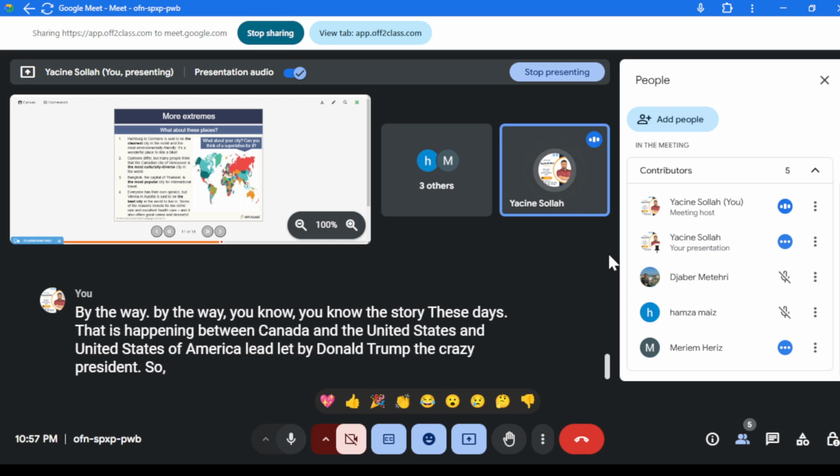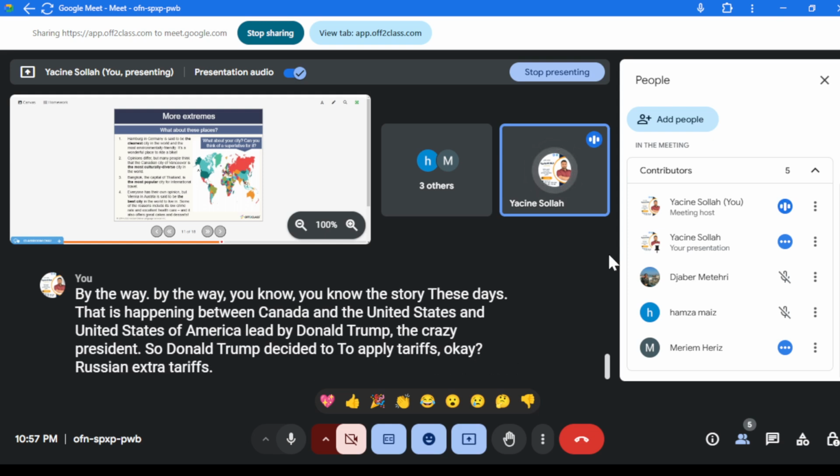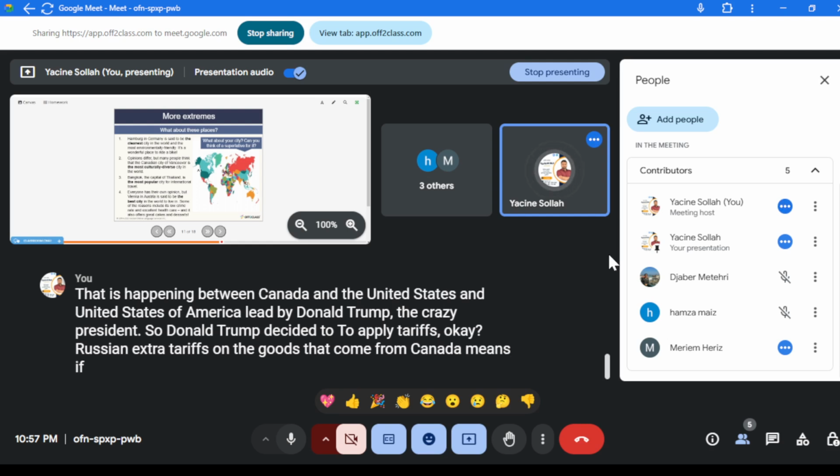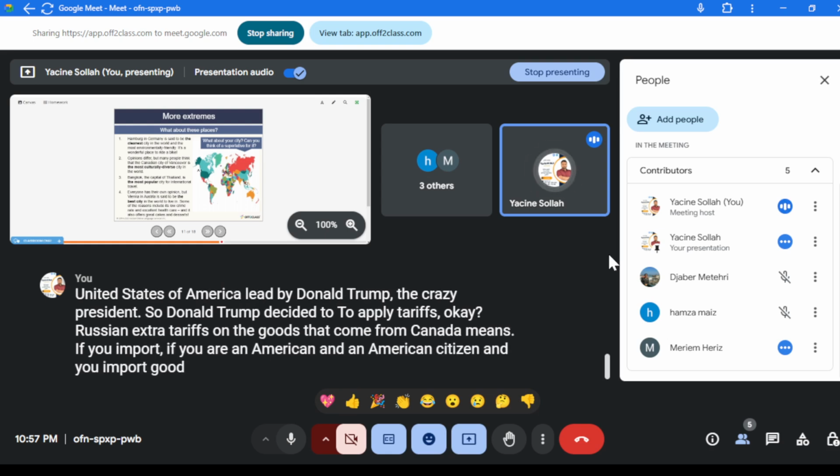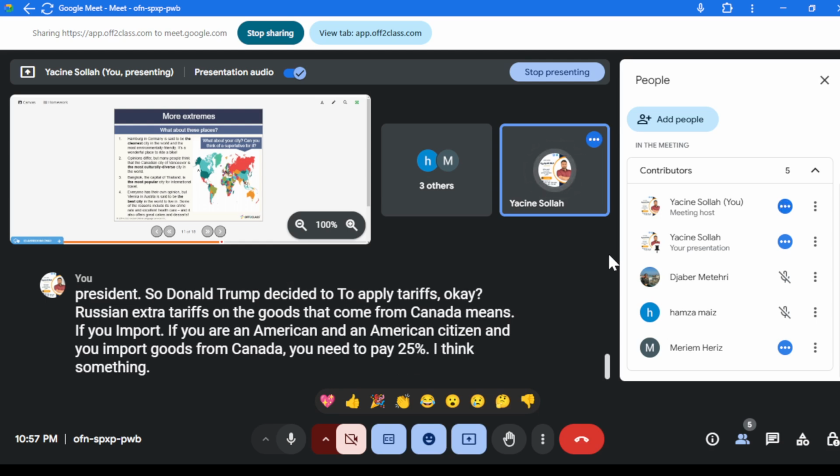So Donald Trump decided to apply extra tariffs on the goods that come from Canada. It means if you are an American citizen, and you import goods from Canada, you need to pay 25%, I think, something like that.